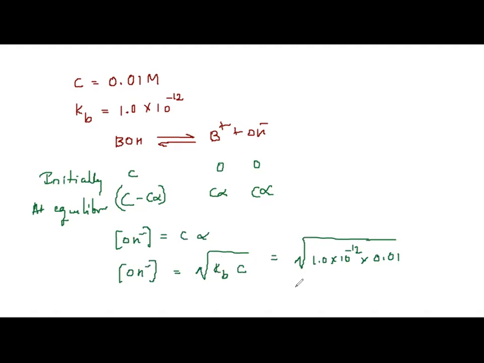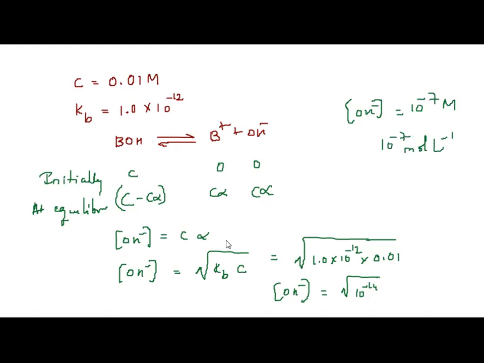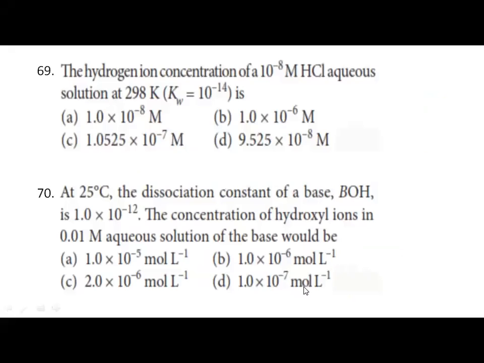So OH minus ion concentration comes out to what? 10 raised to minus 2, 10 raised to minus 12 becomes root of 10 raised to minus 14. Therefore, OH minus ion concentration is equal to 10 raised to minus 7 molarity. Or you can write 10 raised to minus 7 moles per liter. Yes. So which is the correct option? 10 raised to minus 1 into 10 raised to minus 7 moles per liter.